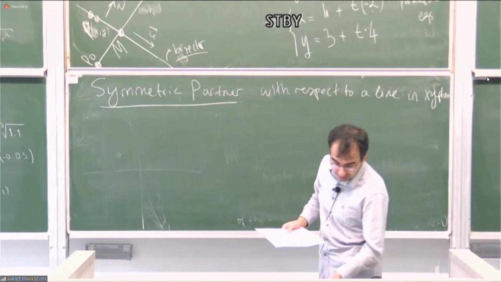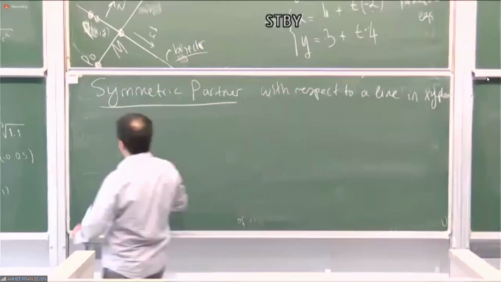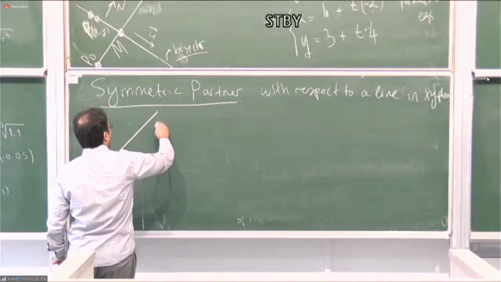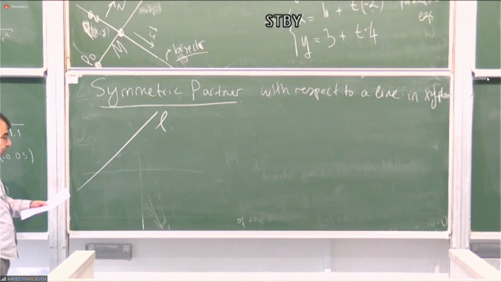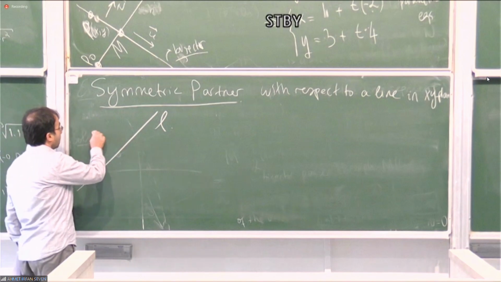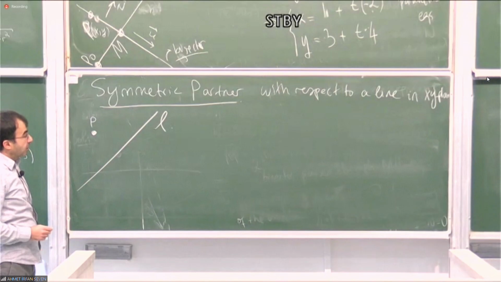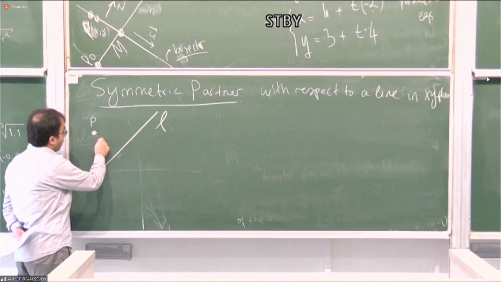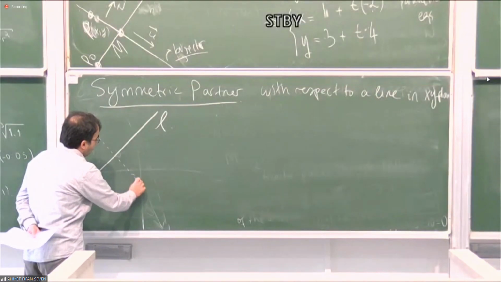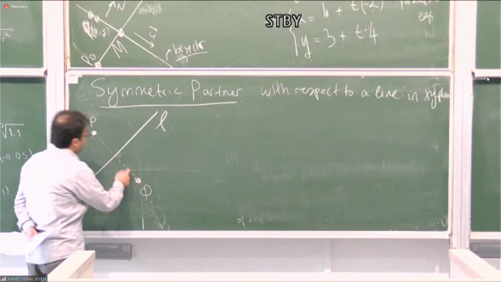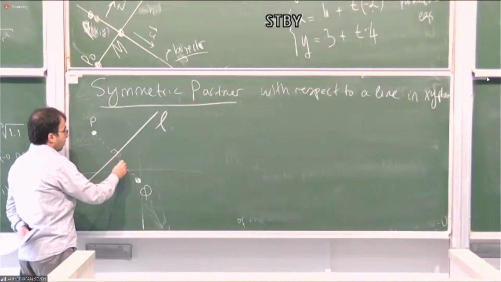Let's say that we have a line L, and we have a point P not on this line. By the symmetric partner of P with respect to L, we mean the point whose distance to this line is the same.